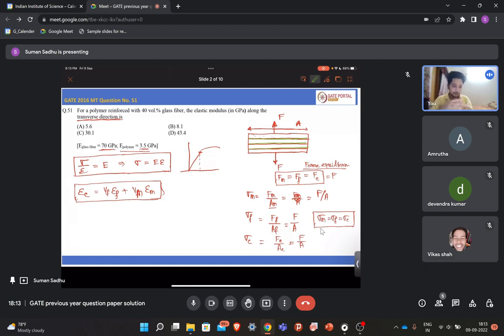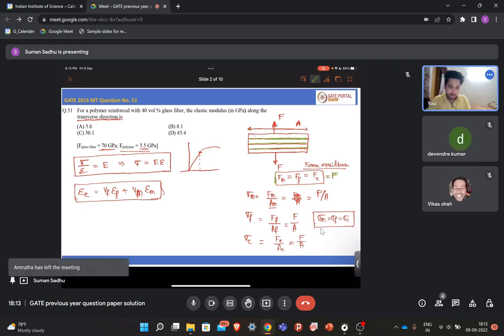So that's why you have to have force equilibrium at the junction of the fiber and the matrix. So the force on the matrix is equal to the force on the fiber is equal to the force on the composite. Let's say we write it as F. Similarly, the area is also the same for both the matrix and the glass fiber.